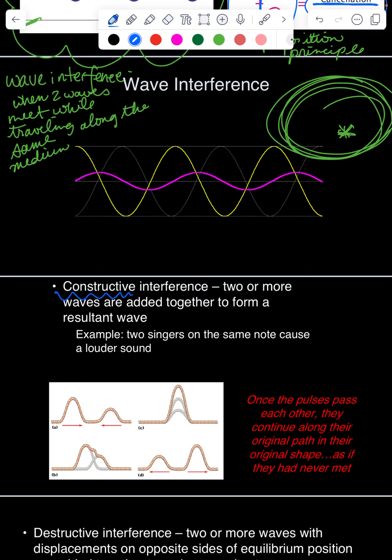In A, we see a crest going to the right and a smaller crest coming to the left. We'll say this is a +2 and this is a +1. They come together like you see in B, and whenever they meet, they add together. The resulting wave is an even larger crest with an amplitude of +3.